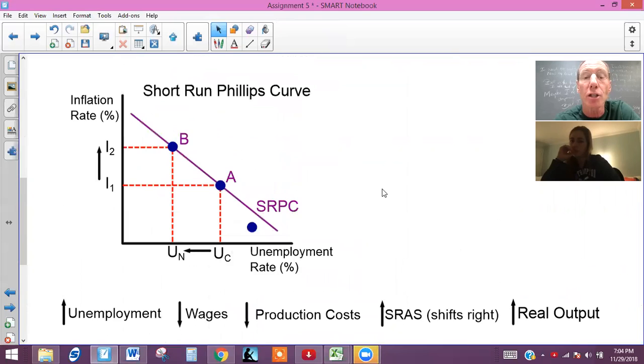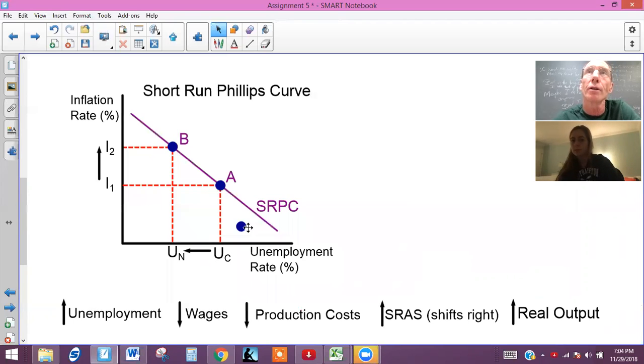So it's just saying that as price levels go up, we see the rate of unemployment go down.